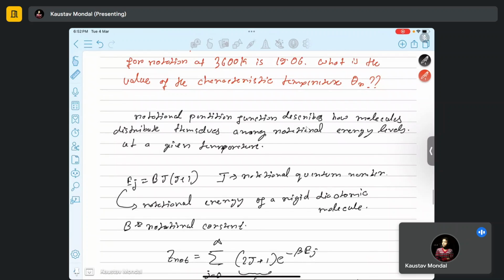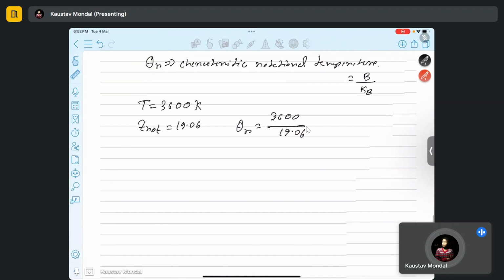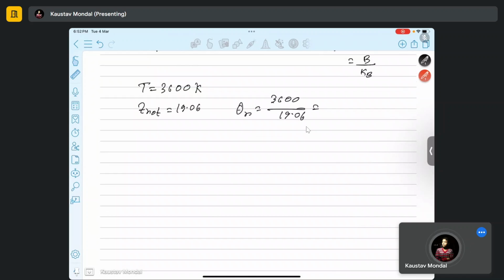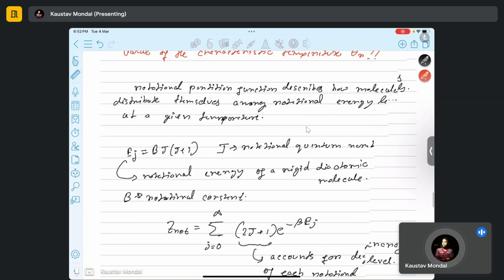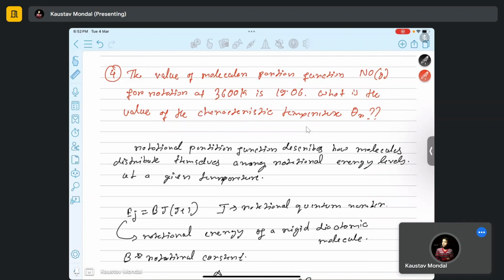I have not written the options there, so let me also write the options.